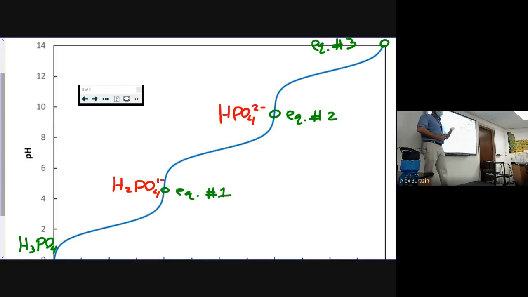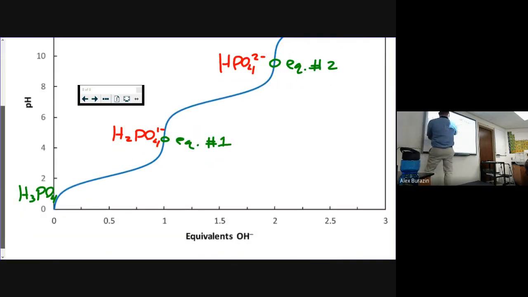This also has 3 halfway points. The first equivalence point happens from here to here. The halfway point is right there. That's halfway point number 1. The second equivalence happens from here to here. The second halfway point is in the middle.